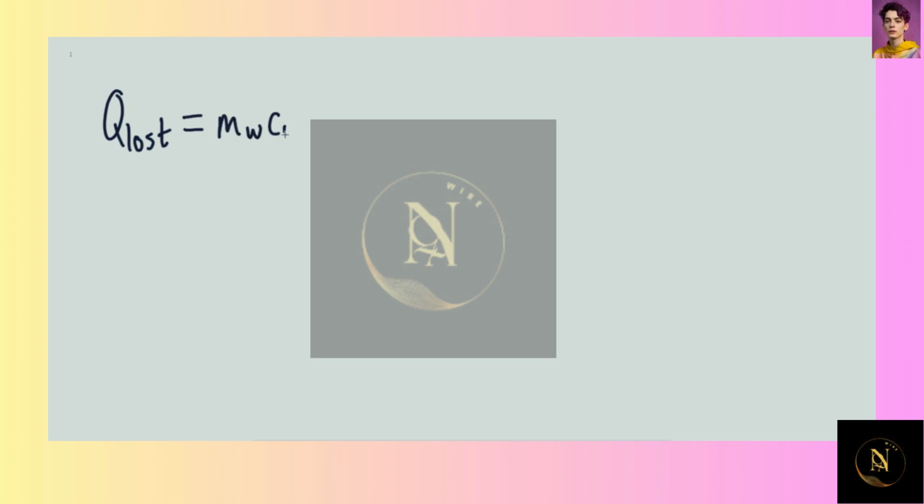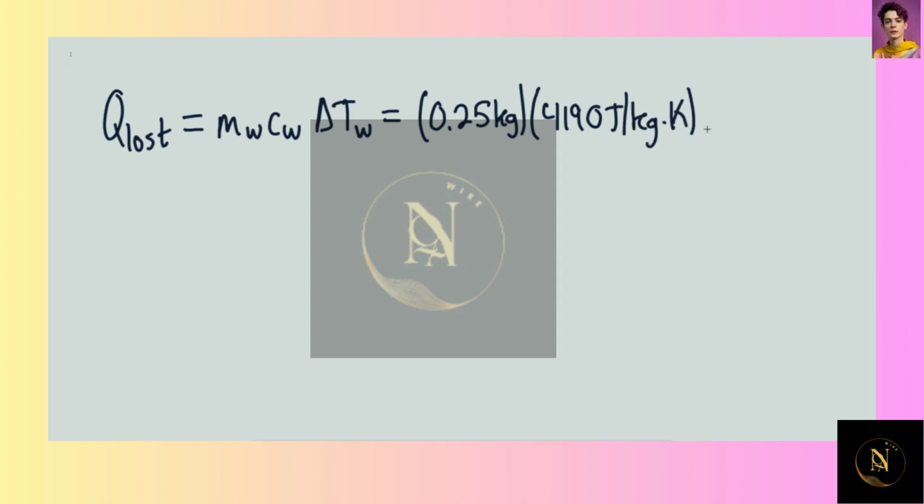So we can say that the amount of thermal energy lost would be equal to the mass of the water times the specific heat of the water times the change in temperature of the water. And this would be equal to 0.25 kilograms times 4,190 joules per kilogram per Kelvin, times 40 minus 75 degrees Celsius.